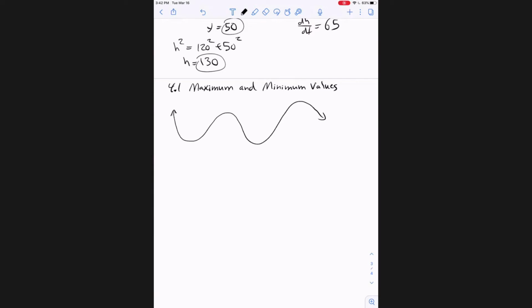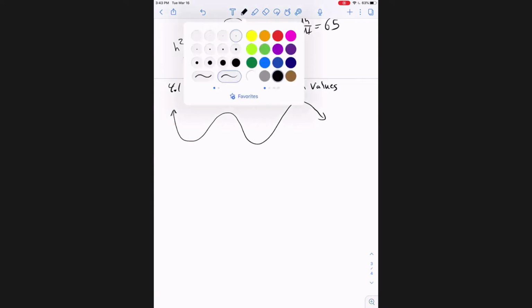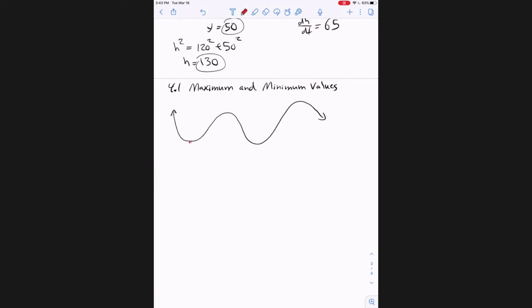Always look at a graph going left to right, like you're reading a book. So right now it's going downhill, because you're thinking left to right. Then at that point, for a split second, it stops. Then it goes back uphill.